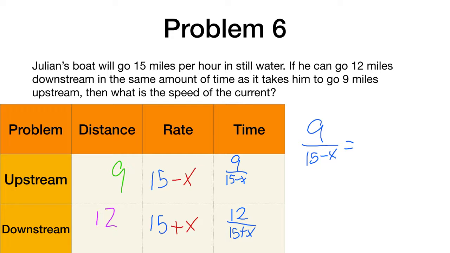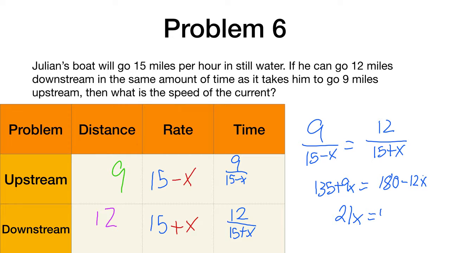So, going to cross multiply, 135 plus 9x equals 180 minus 12x. So when I combine, that becomes 21x equals 45. x is equal to 7 1/7.